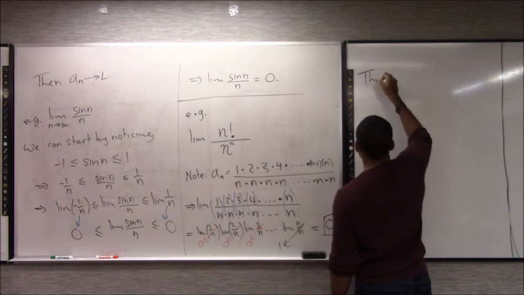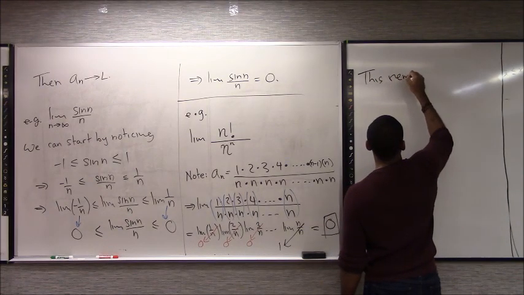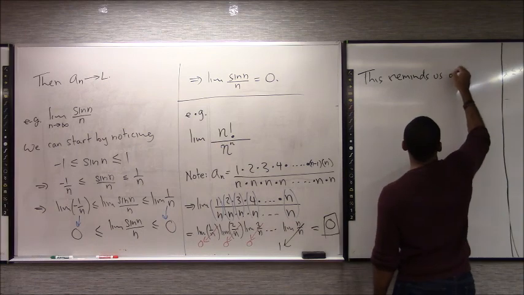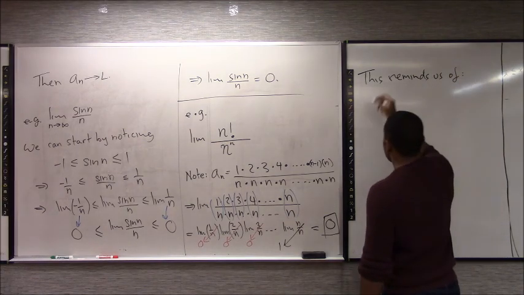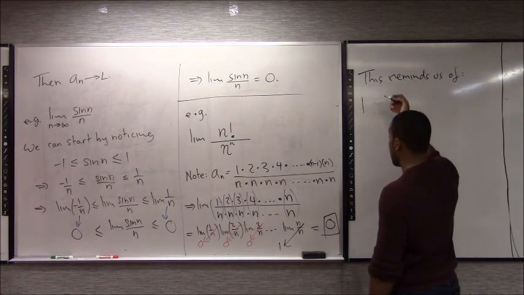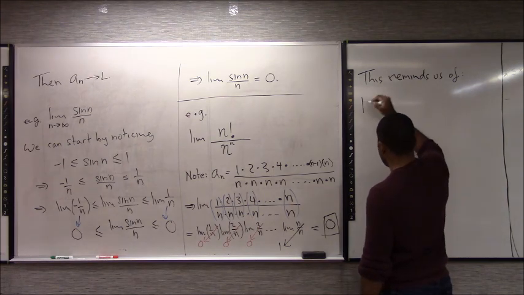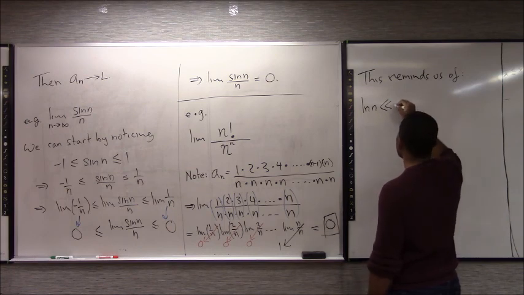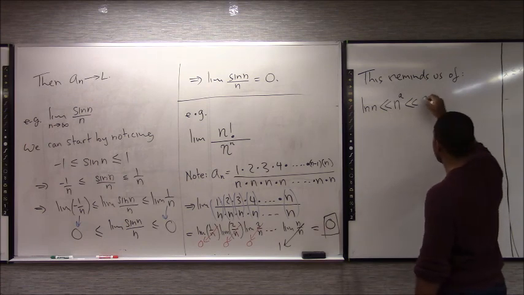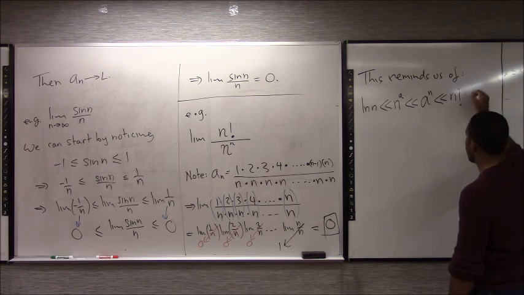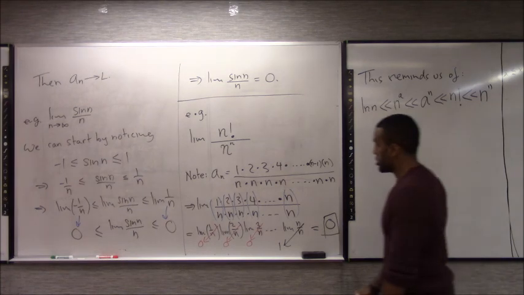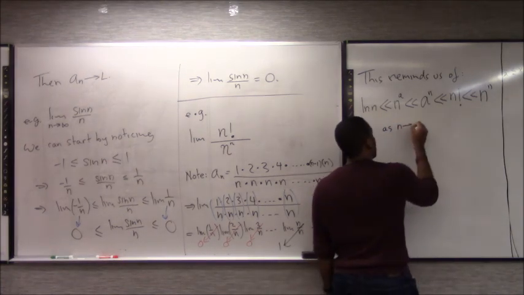This reminds us of a nice thing. Well, one part of this list, just in case you forgot it. Logarithms are, in general, much smaller than polynomials, which are in general much smaller than exponentials, which are in general much smaller than factorials, which are in general much smaller than these were kind of exponentials as n approaches infinity.